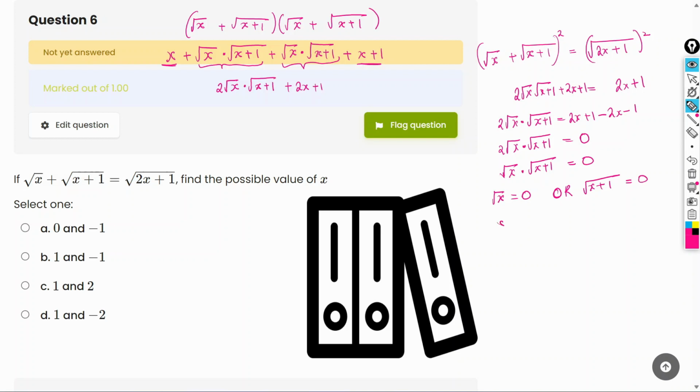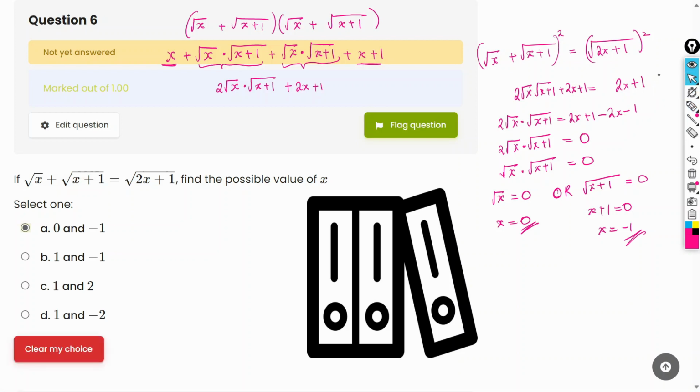When I solve this, squaring both sides, I'll have x is equal to 0. When I solve this, I'll have x plus 1 is equal to 0, so x is equal to negative 1. So my solutions are 0 or negative 1. Alright, x can either be 0 or negative 1. That's option A. So that's for question 6.